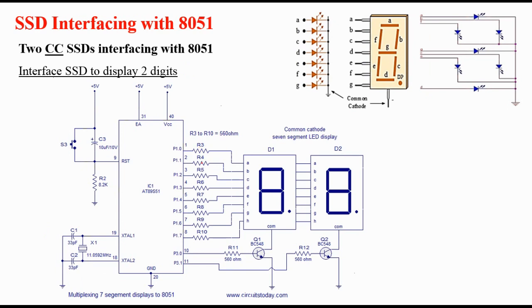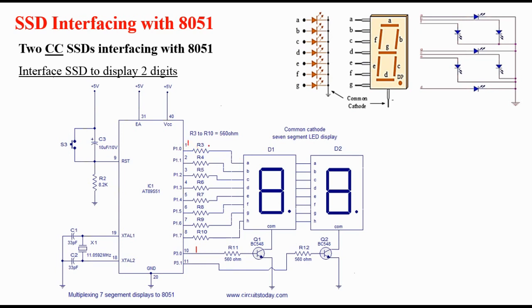Then each port pin is connected to the A, B, C, D, E, F, G, H of every 7 segment display via this resistor. After this, the common cathode terminal is connected to the transistor. Here you can see the transistor is NPN. To make this transistor on, you have to make the base of that transistor equal to 1, that is high. In this way the current will start flowing if this port pin is high.